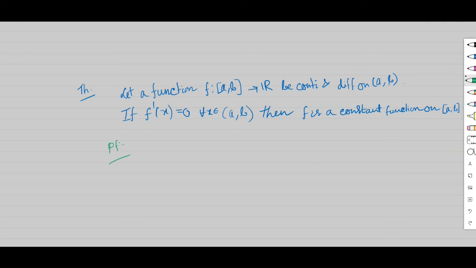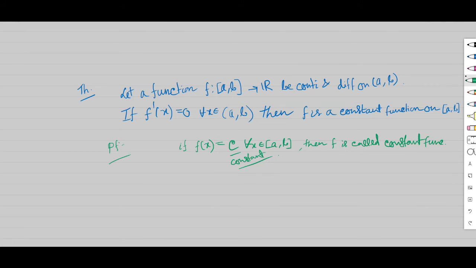So what is a constant function? Constant function means that if f(x) is equal to c for all x belonging to (a, b), then f is called a constant function, where c is a constant, right?